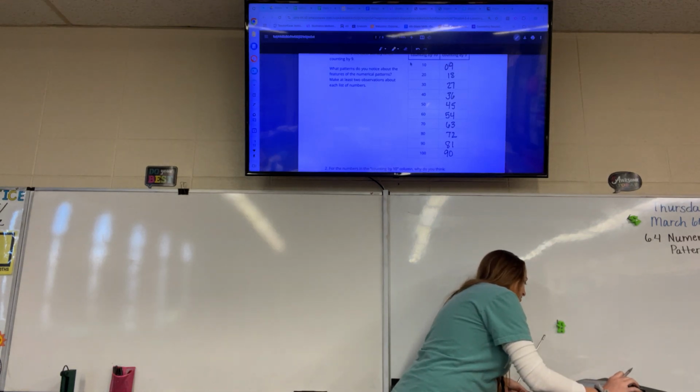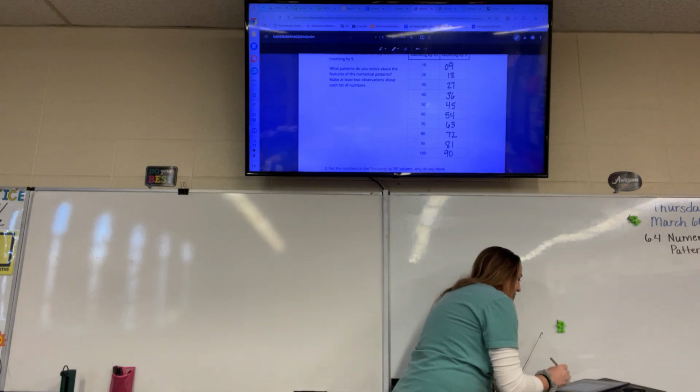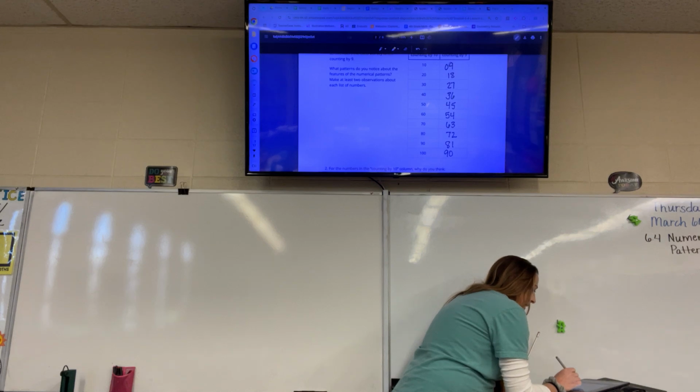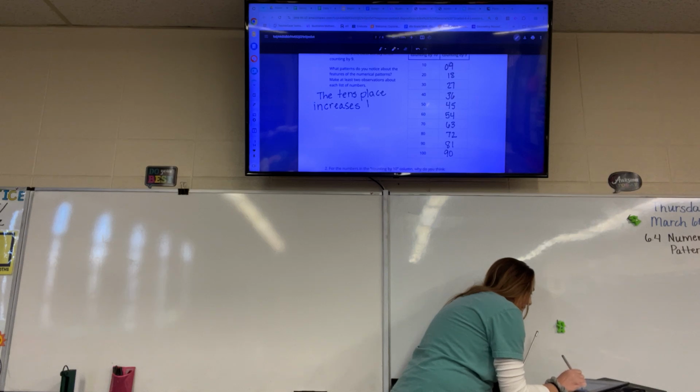So I want you guys to write, it says to write down 2 observations about each list of numbers. We're just going to write down that the tens place increases by 1 with each new number.